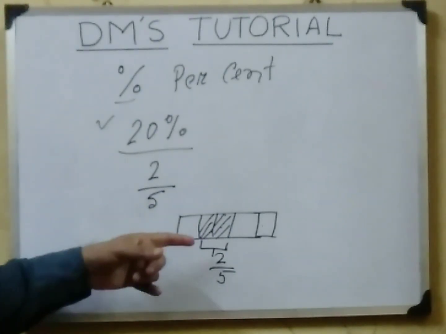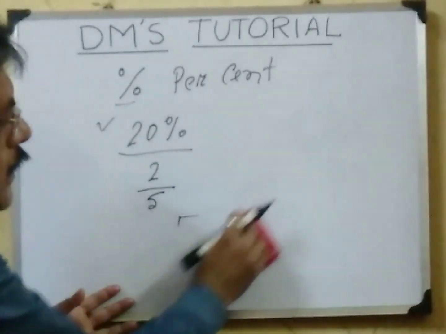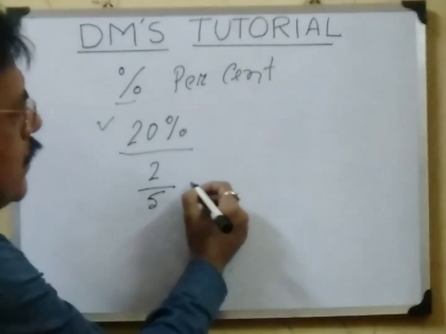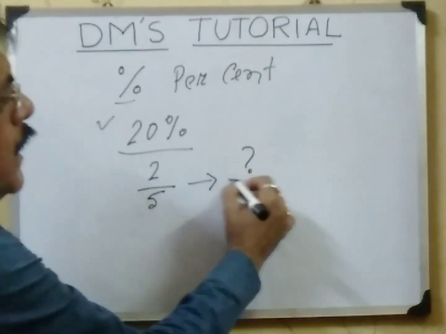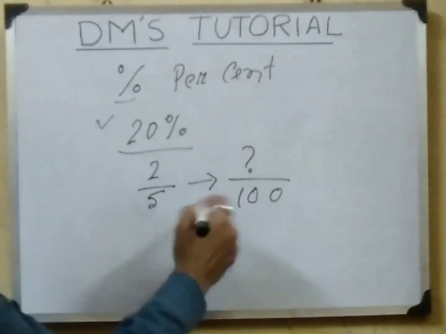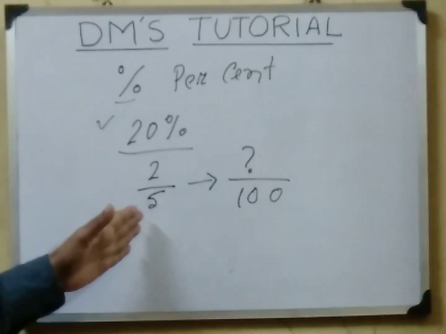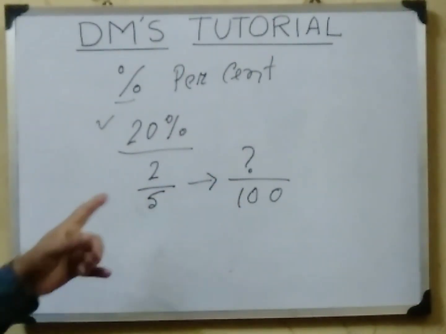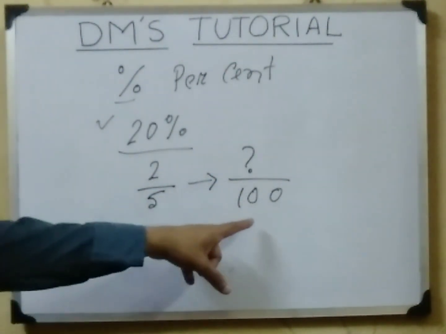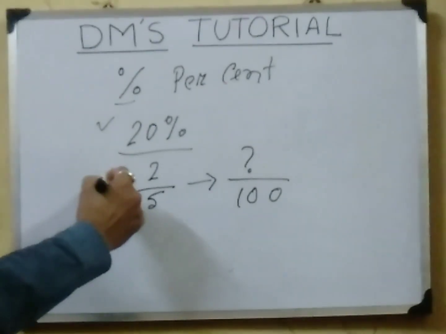That means 2 out of 5. It is to be converted like that: how many quantity out of 100? So we have to convert this fraction into its equivalent fraction in which the denominator is 100. Then only we can find out the percentage of this fraction.